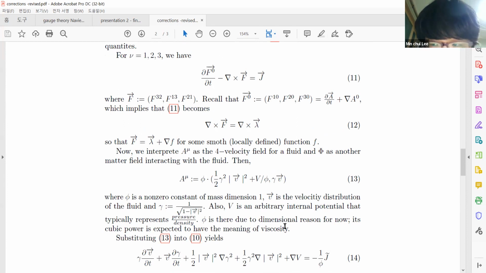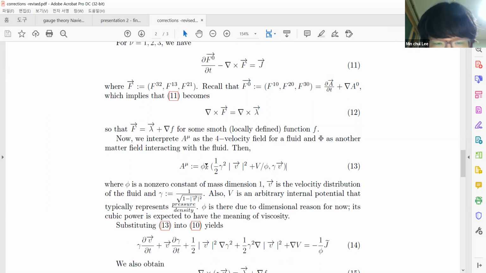I believe that some of you may not be familiar with special relativity, but because gauge theories and quantum field theory are based on special relativity, I first have to use special relativity, and then I'll pass to the non-relativistic limit, in which we get the equation of motion for just an ordinary fluid.